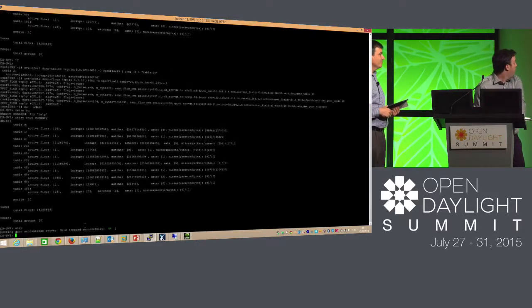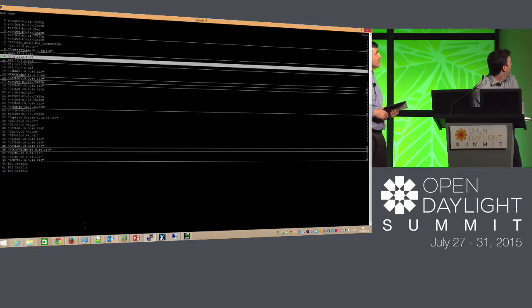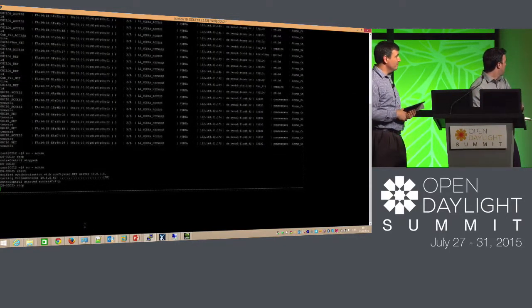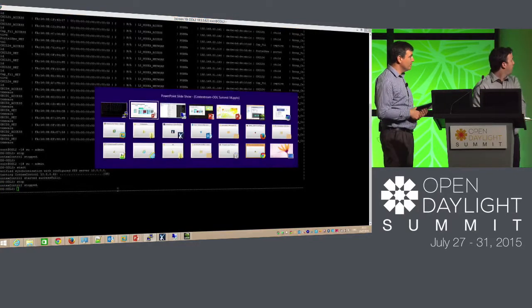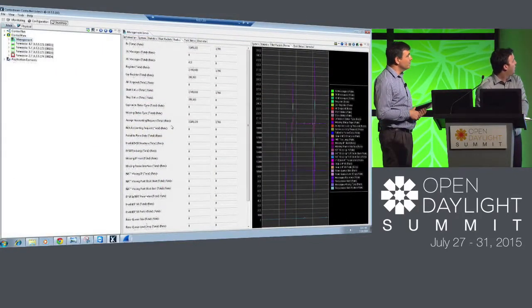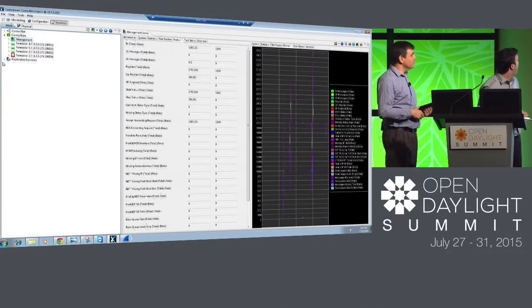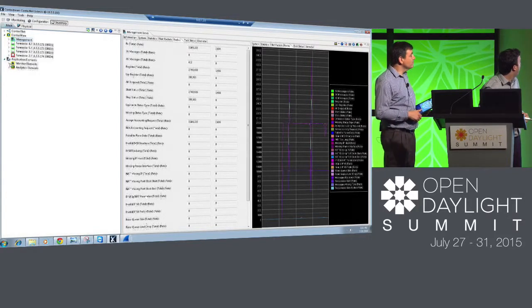So now we'll fail the controller, the ODL controller. We are still at 2,000 RADIUS packets per second, and the controller should be out.